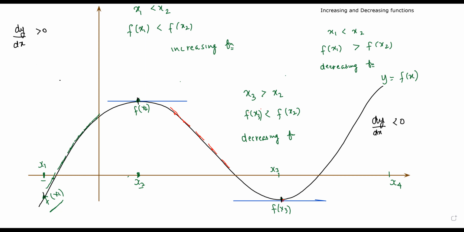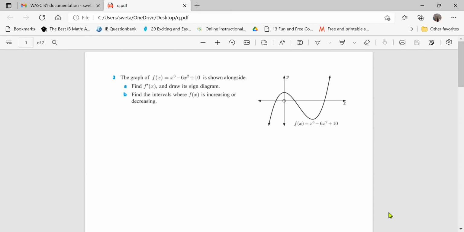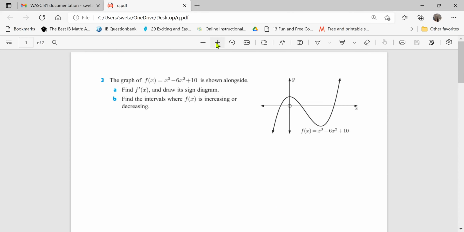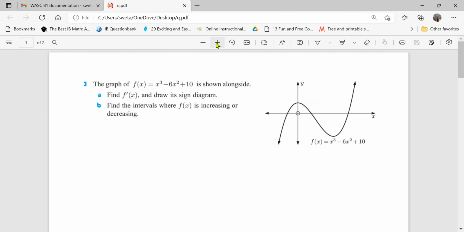Let us now do one question on increasing and decreasing functions. This is a question from your textbook, page 491. Here is a graph of f(x) = x^3 - 6x^2 + 10. And the question says, find f'(x) and draw its sign diagram.